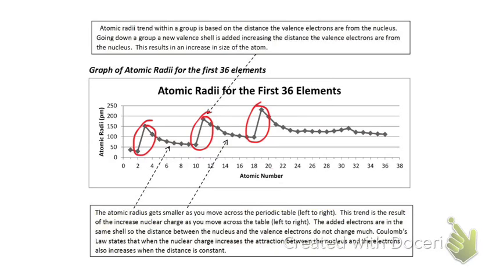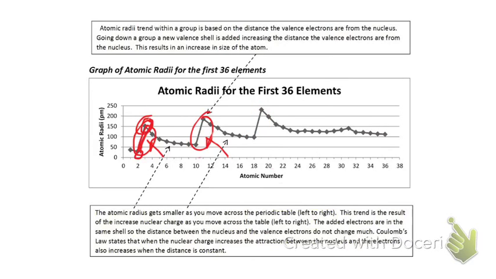Well, it turns out that this large jump that I am putting these arrows to represents a change from one shell to the next. So when we go from the last element, which is helium, to lithium, we're actually changing shells. And of course, when we're changing shells, these electrons are getting further from the nucleus.